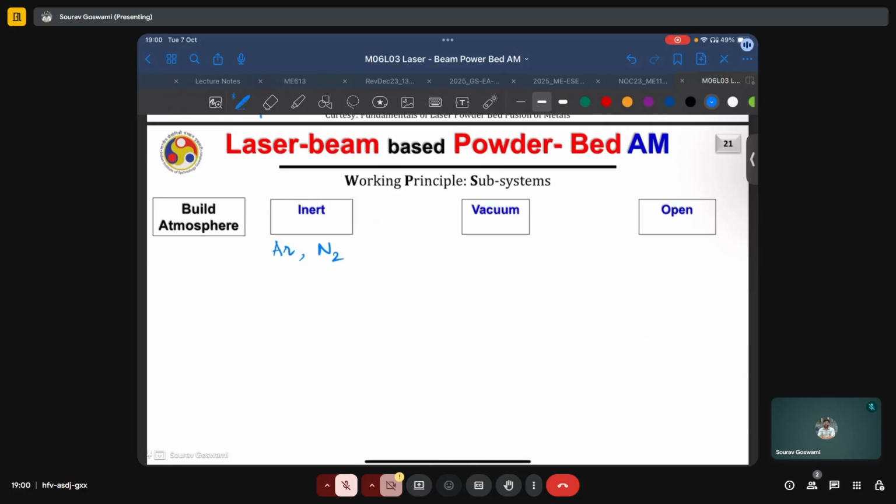Of course, just to recall, the reason being that the principle by which an electron beam transfers energy to the pre-deposited layer or substrate is through the transfer of kinetic energy. Electrons themselves are very light particles, one of the lightest of the subatomic particles, and so they can be accelerated to very high speeds.